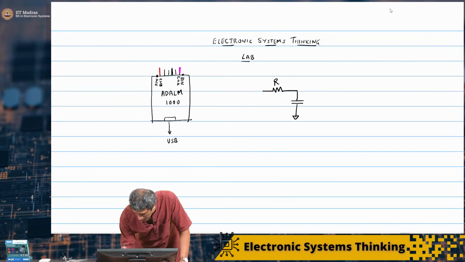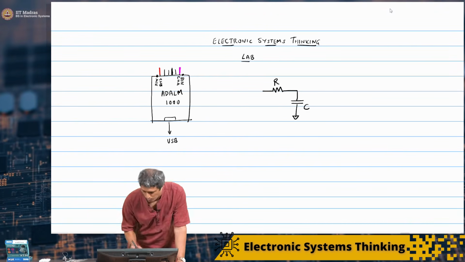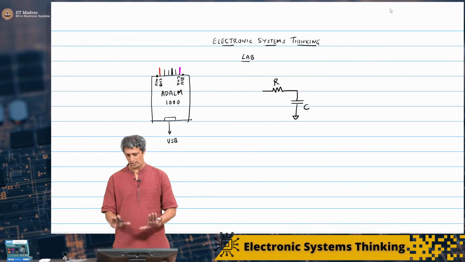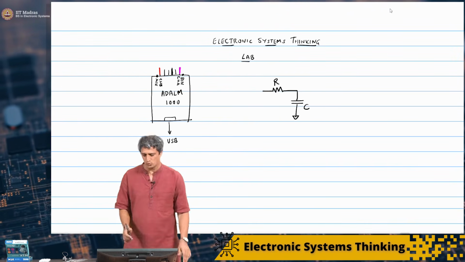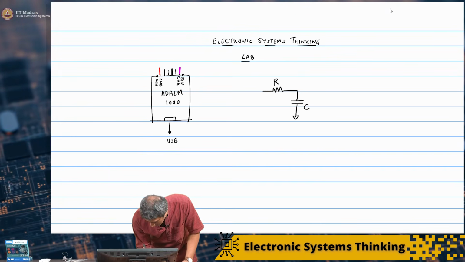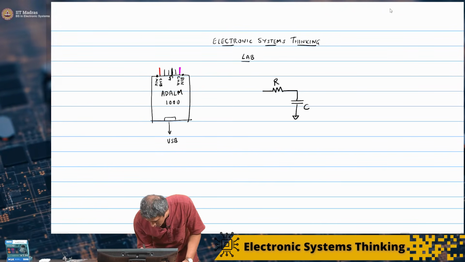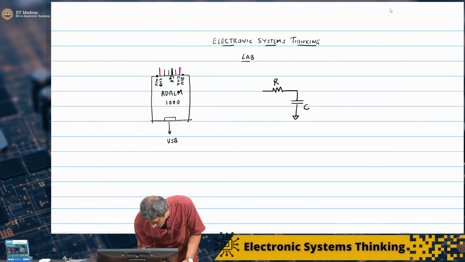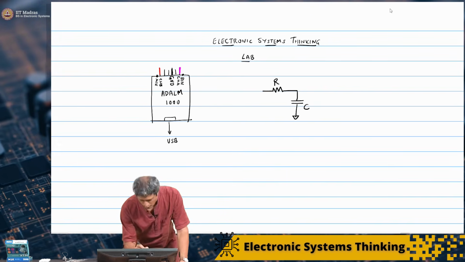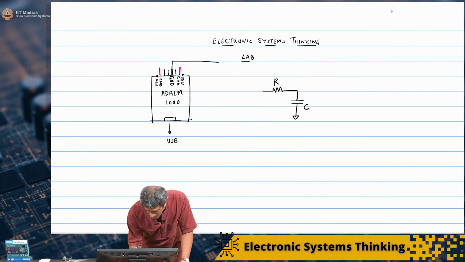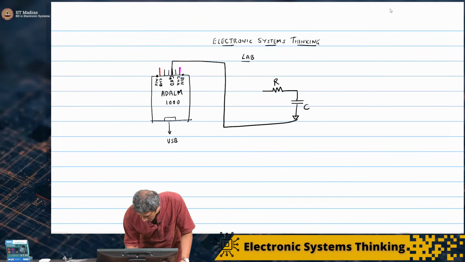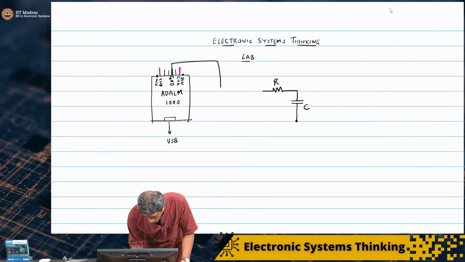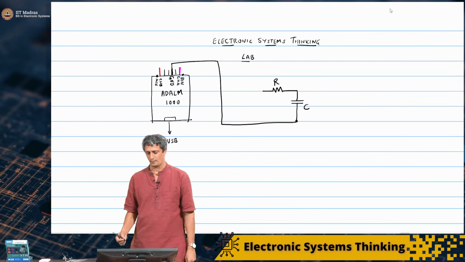This is my R and this is my C. The key point is, if you want the ADALM kit to talk to your breadboard circuit, the first thing you must do is ensure that the two grounds are shorted. So what we will do is take this black wire and connect it to this particular ground.